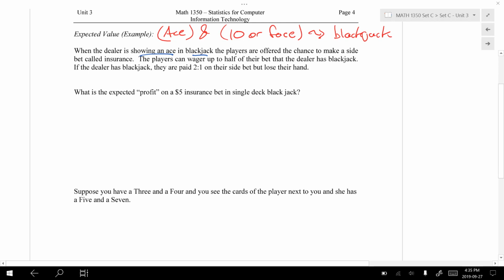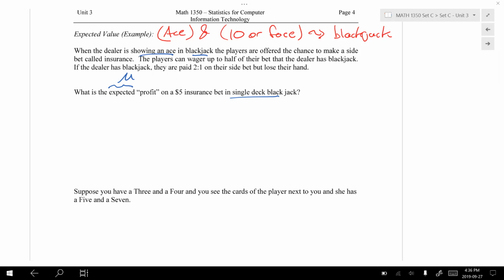Let's go through and compute some things here to figure out whether or not this is a good idea, whether or not we should take out some insurance. So we can think about the expected profit. So that's mu here, the mean, on this bet. And let's remark that we're using a single deck here, so a standard deck of 52 cards.